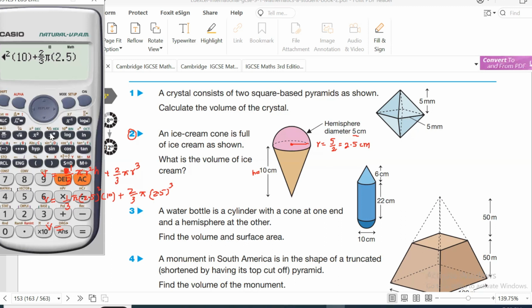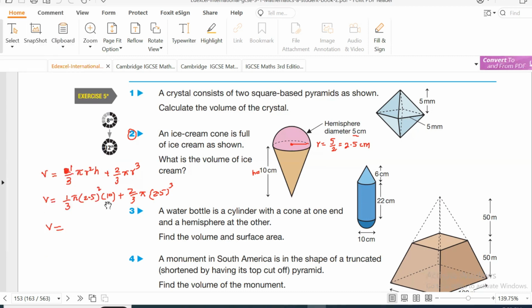That gives me 125 over 4 pi, and the last answer is 98.2, three significant figures, and you can write the answer in centimeter cube. They want only the volume of this shape, not the surface area. That's the answer of this question.